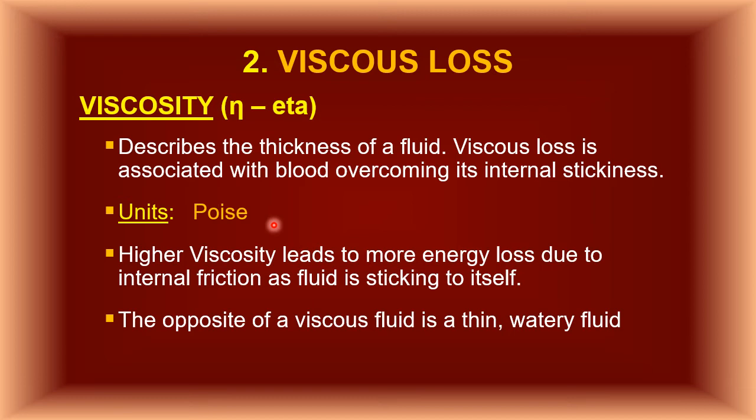This will give it more viscosity. So again, dehydration increases the viscosity. The blood is thick and becomes sticky to each other, and it's not easy to move. That's why it loses some energy, or energy is converted to heat to proceed to move this blood.